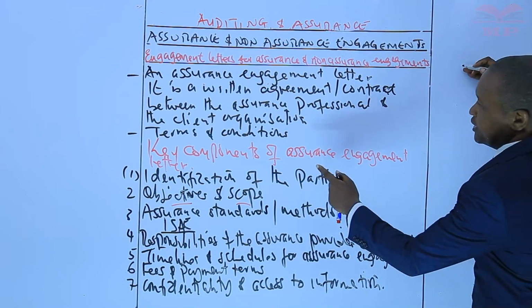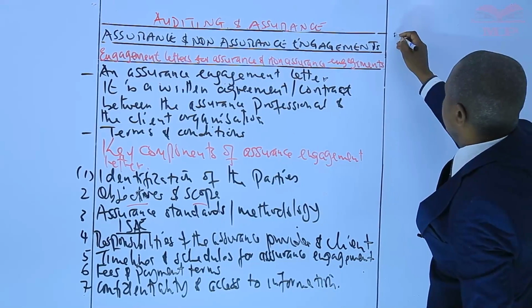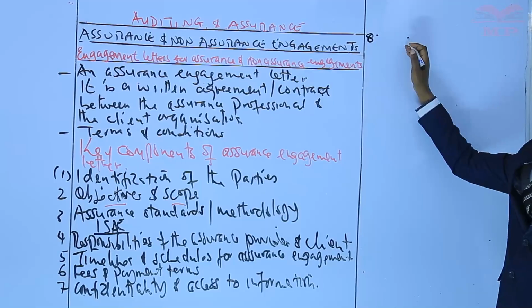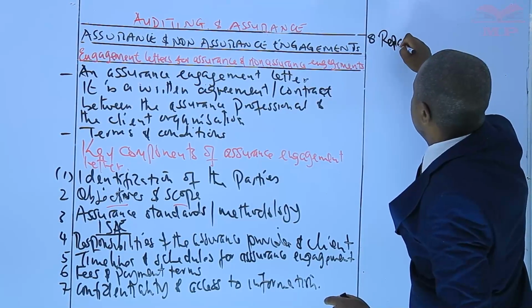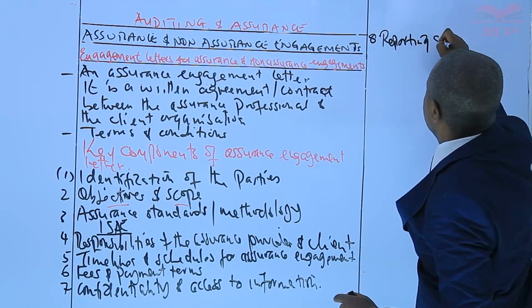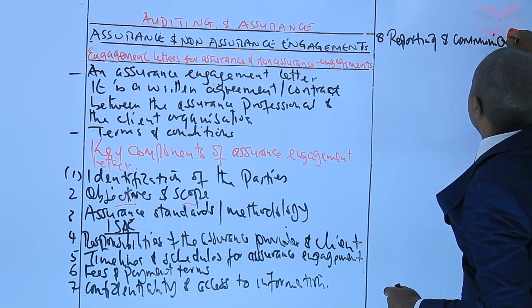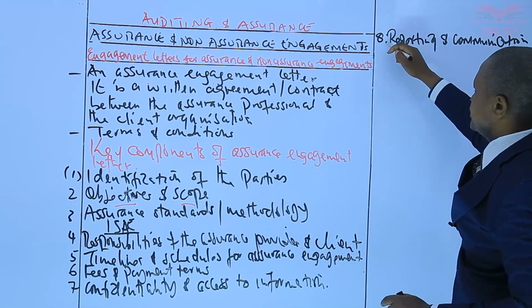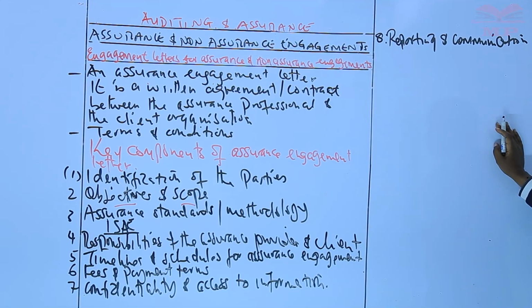We are discussing the key components of an assurance engagement letter. Number 8 is reporting and communication. There is a section within this letter on reporting and communication.